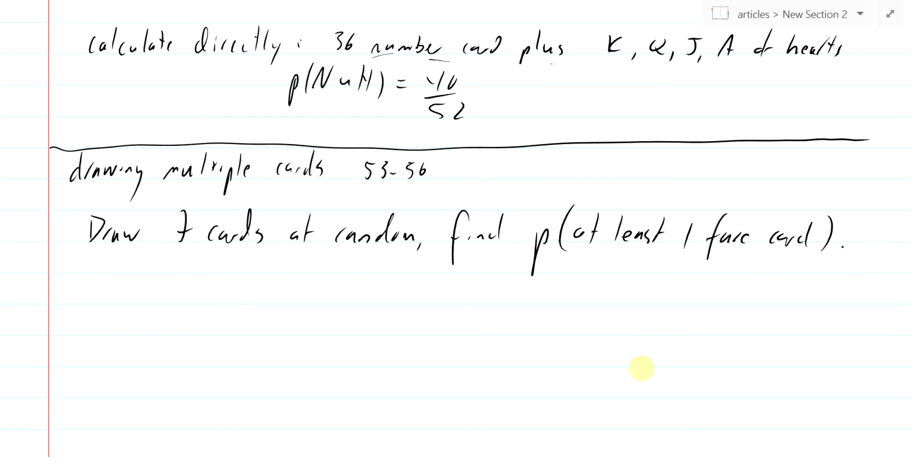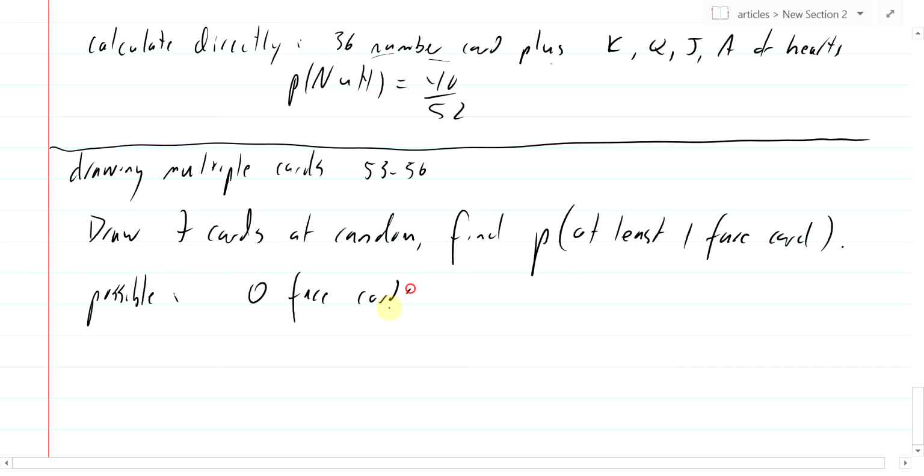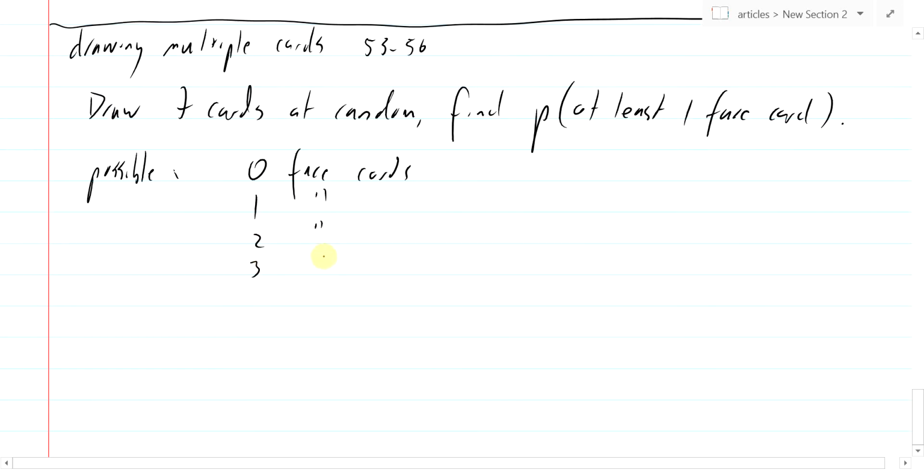Okay, so what does at least one face card mean? Well, if you draw 7 cards, how many face cards can you get? The possibilities are 0 face cards, 1 face card, 2 face cards, 3 face cards, 4 face cards, 5 face cards, 6 face cards, 7 face cards.